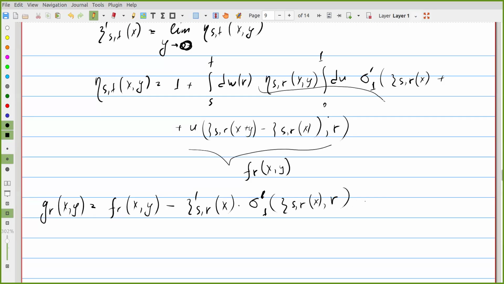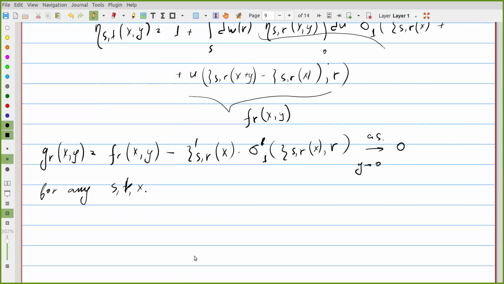Now it's easy to see, because everything is continuous, that this goes to 0 almost surely when s_n goes to t.